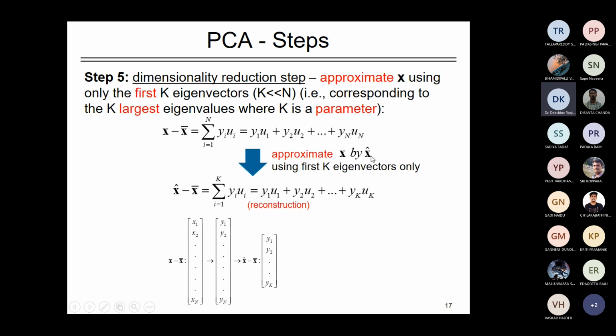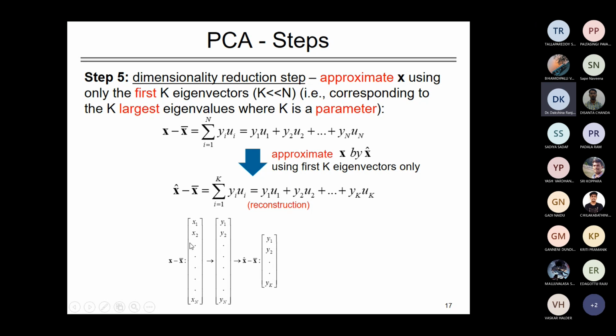Okay, so this x cap denotes the approximation of x. So using the first k eigenvectors, we can approximate the given feature vector. And if we get a linear combination over k number of eigenvectors, then we will get the linear combination of yi and ui. Okay, and this is what we call the reconstruction.